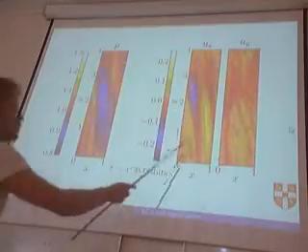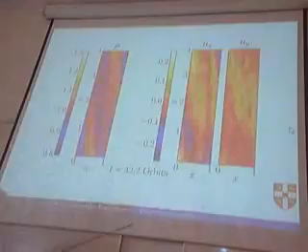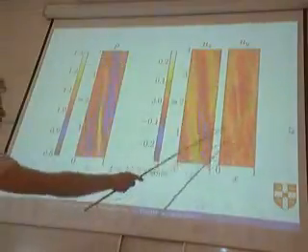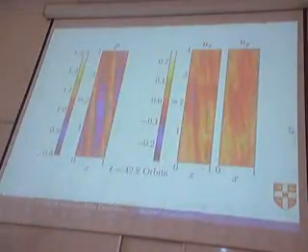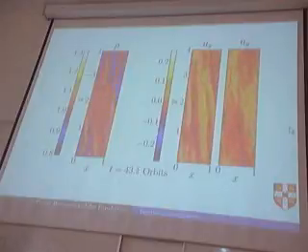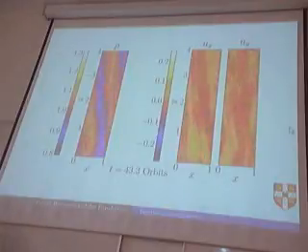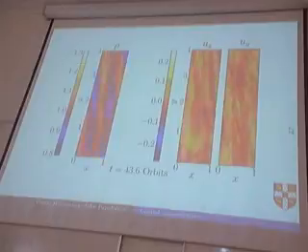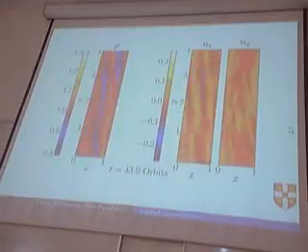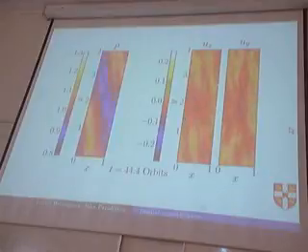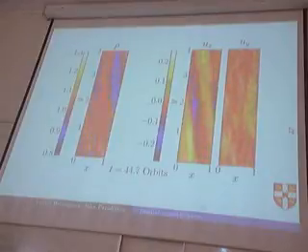You would use the same color coding for these two, and these are weaker, but if you use the same color coding here, these would be more visible as well. So you see them in density and velocity, but hardly in the magnetic field.